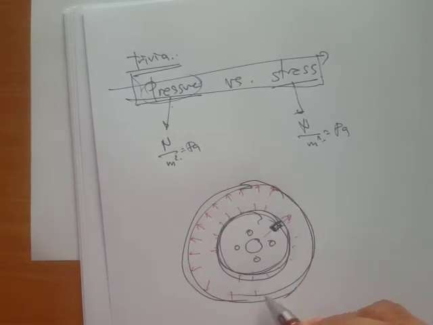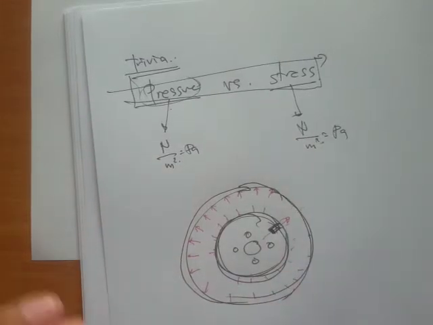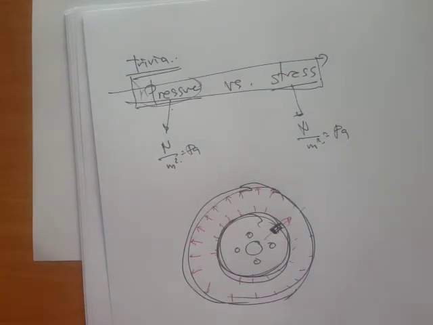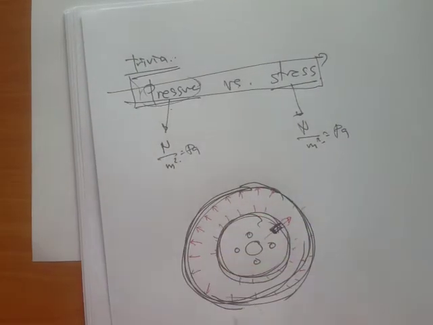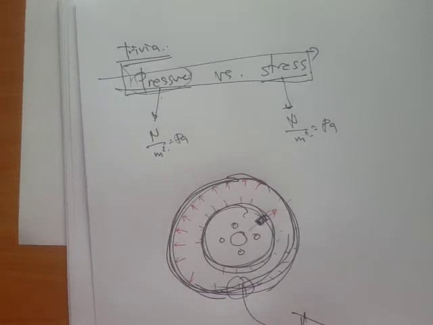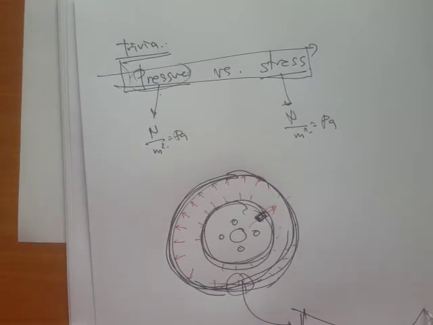As you can see, pressure is external, but if we are trying to find the strength of the materials, let's say the rubber itself, will the thickness of the rubber be able to withstand the pressure? Then we look at the stresses inside. So let's say this is the cross section of the rubber, right? And here, these are the pressure or the force distribution external to the tire material.